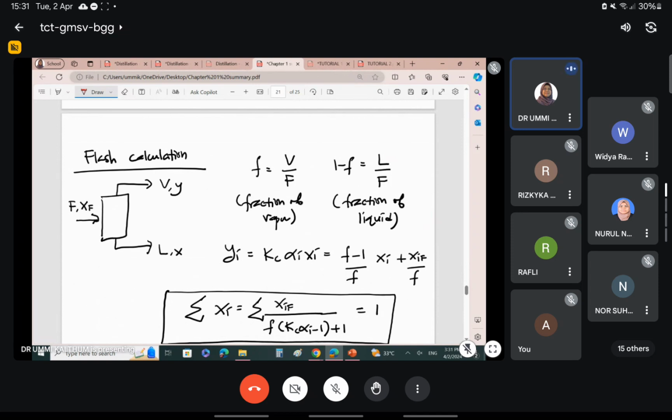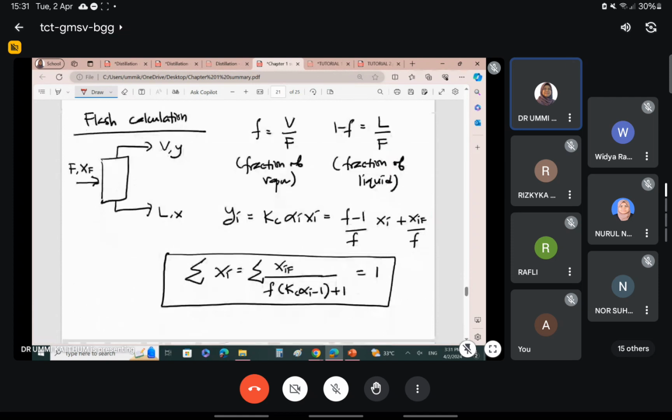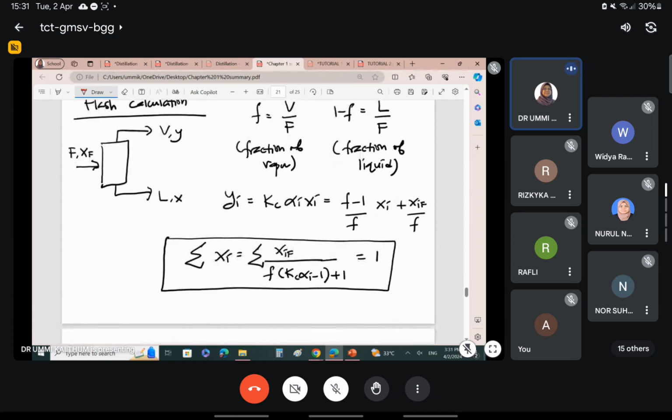Okay, so f sama dengan V over F is a fraction of vapor. 1 minus f is a fraction of liquid. Okay, so ini equation untuk cari mole fraction in vapor phase, and this one's equation untuk cari mole fraction in liquid phase.